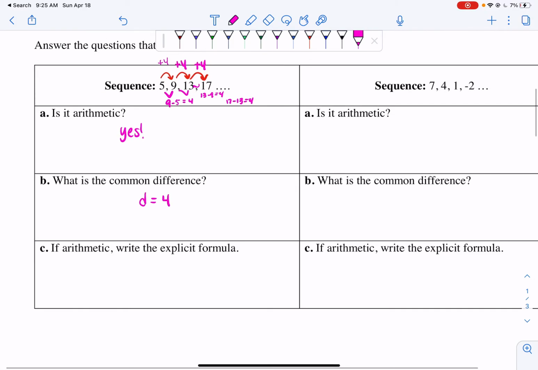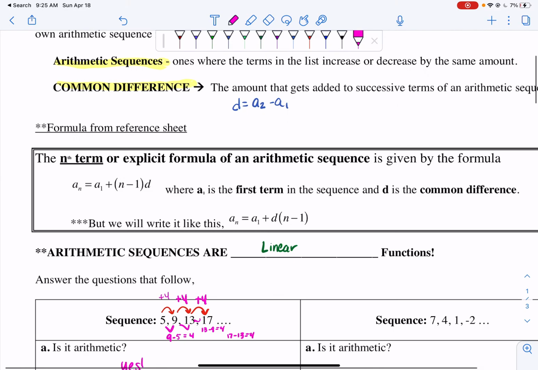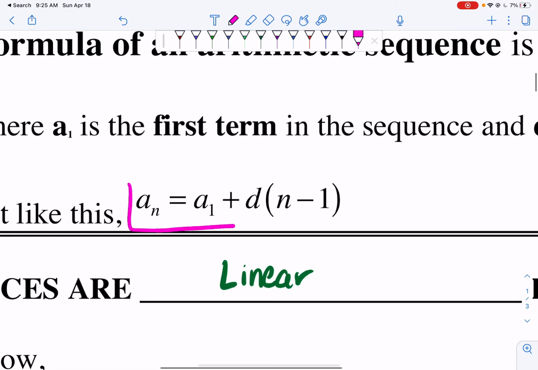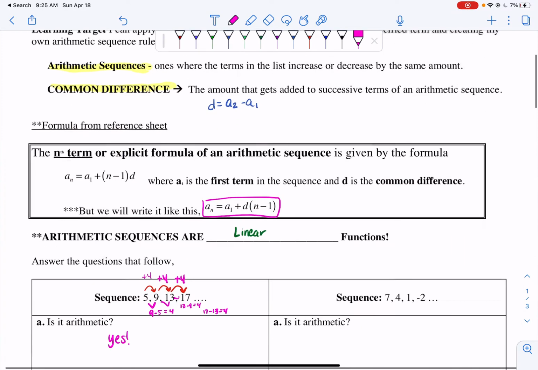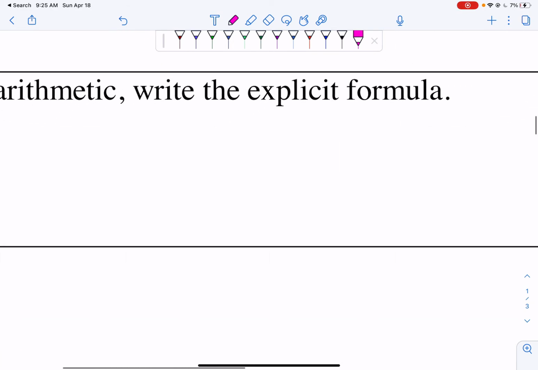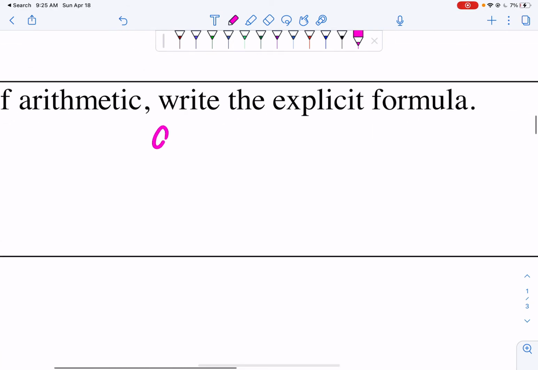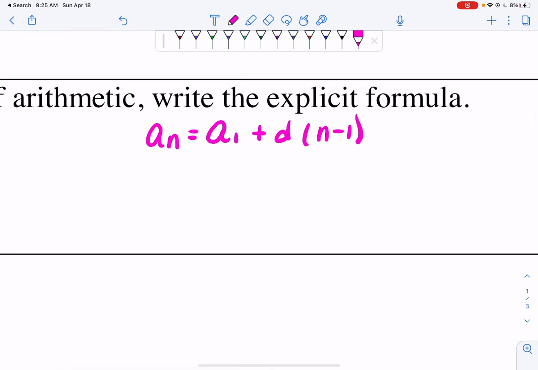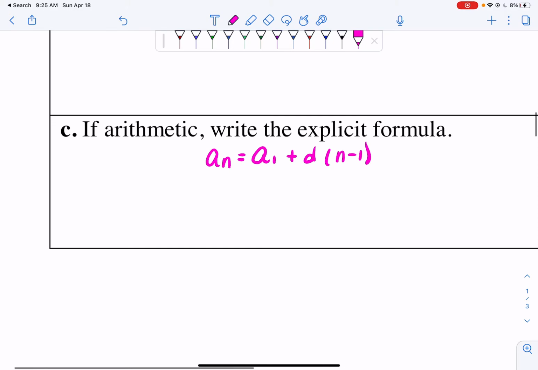Okay, so we're now going to write our explicit formula. We know our explicit formula can be found using this method, so I'm going to rewrite it. I'm going to write down a sub n equals a sub 1 plus d times n minus 1. What this question is asking is for us to identify key information.